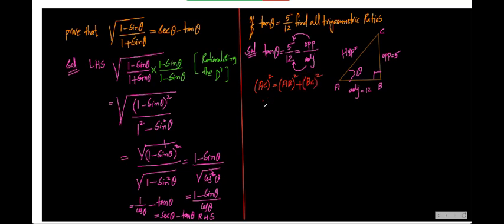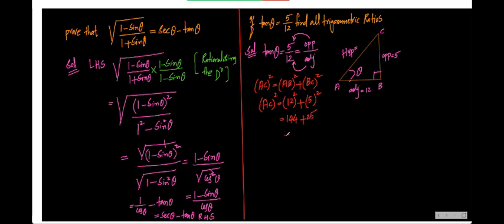AC square we don't know, so let us keep it as it is, equal to AB square. AB value is 12, so 12 square plus BC square, BC value is 5, so square it. We know that 12 square is 144 plus 5 square is 25.